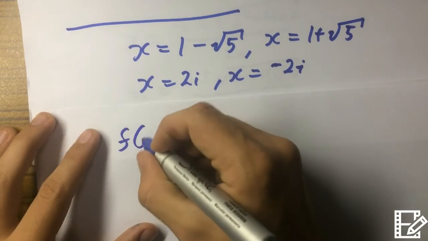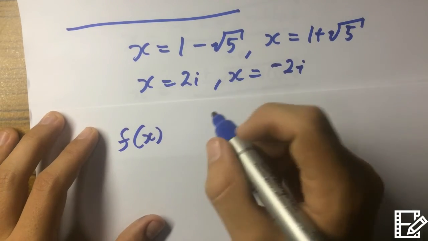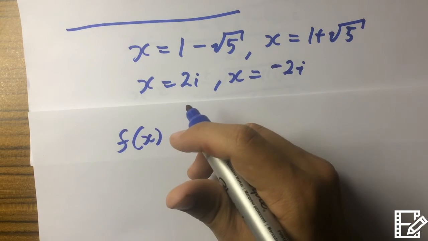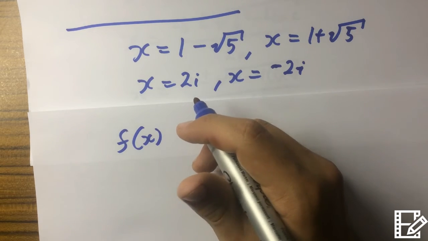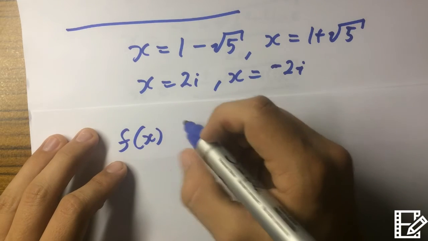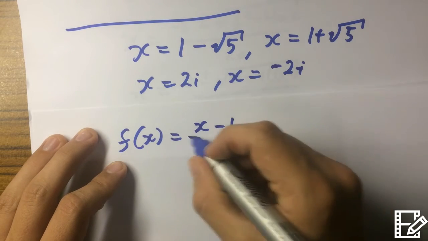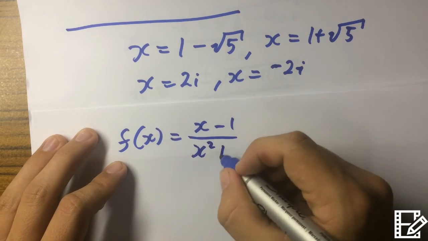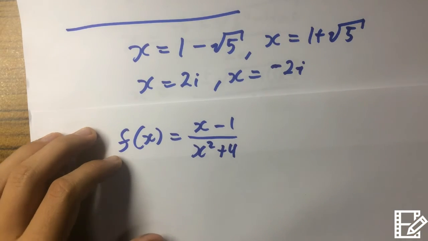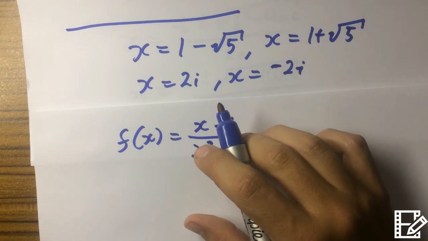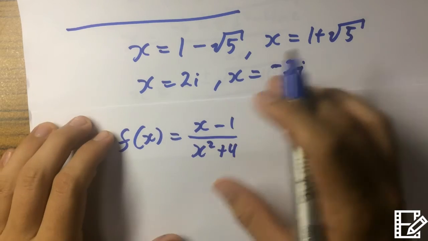So the function originally was, if I can find it, x minus 1 over x squared plus 4. Now what we're going to do is sub in each one of these values.